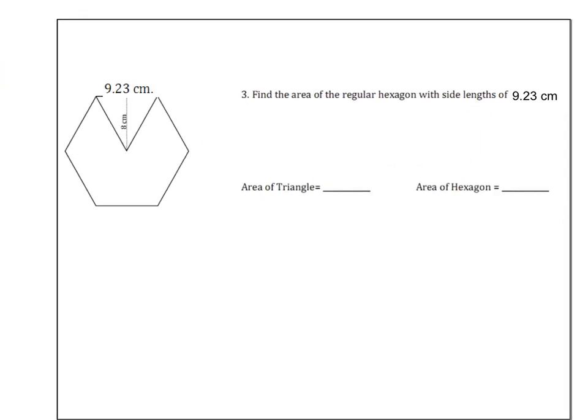Now, figuring out the area of my hexagon. This is 9.23 and this is 8. How do I figure out the area of a regular hexagon? I take the area of the triangle, 9.23 times 8 divided by 2, and that gives me 36.92 centimeters squared.